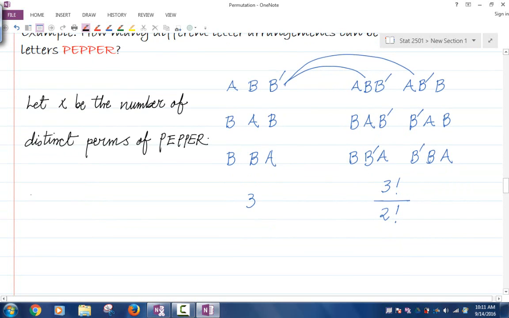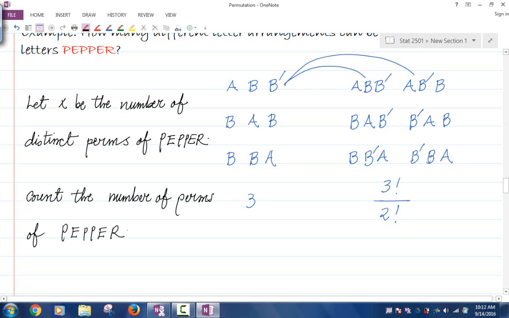So count the number of permutations of the letters in pepper in 2 ways.